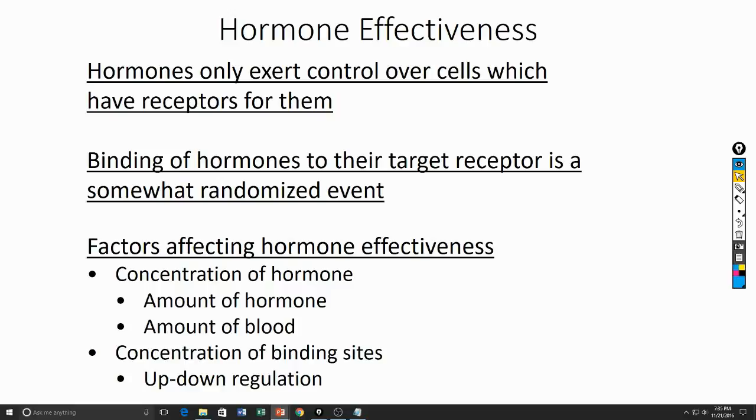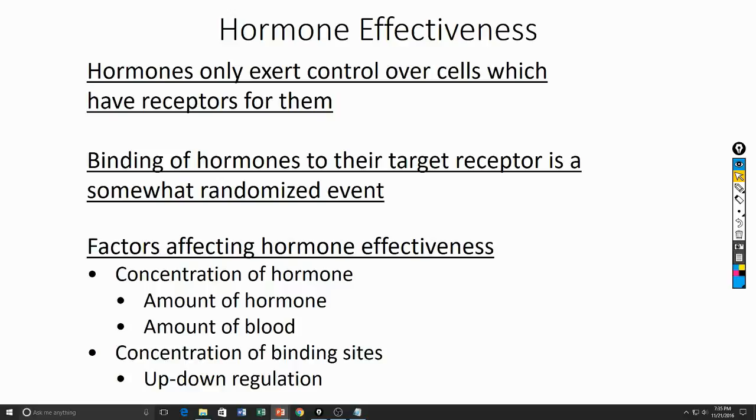It has to do with a certain amount of hormone floating around in solution and coming into contact or not coming into contact with its receptor. So it certainly does happen where you might have a certain amount of circulating hormone, but if it can't get to a friendly receptor or target receptor, it doesn't do anything. A good example of that would be in diabetes, and we'll talk about that in a little bit.